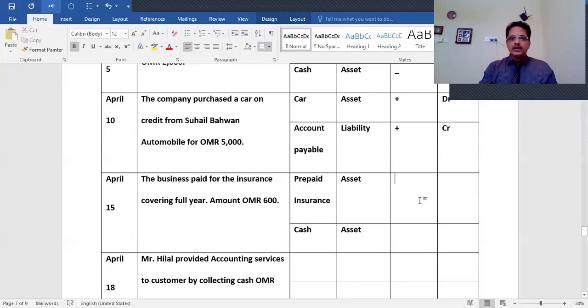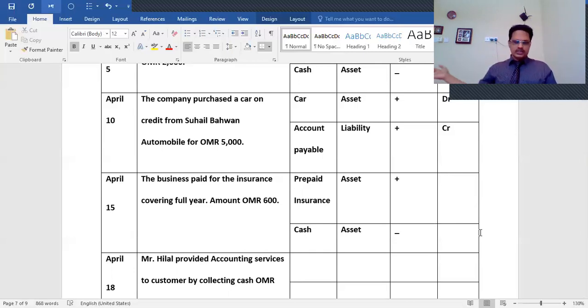Now, when the business paid insurance for the entire year, your prepaid insurance asset is increasing, but your cash is decreasing because cash is going out. So you have to credit cash.